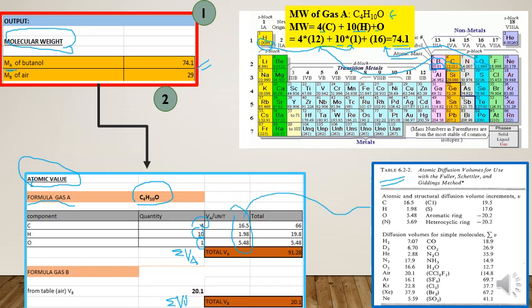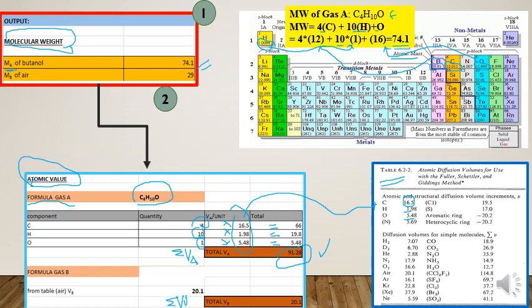As we can see, carbon is 16.5, hydrogen is 1.98 and oxygen is 5.48. We multiply each value by the number of atoms and sum them, and at the end we get 91.28. So we already have the VA value.